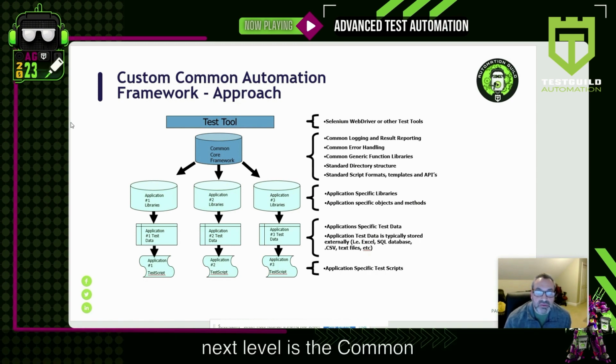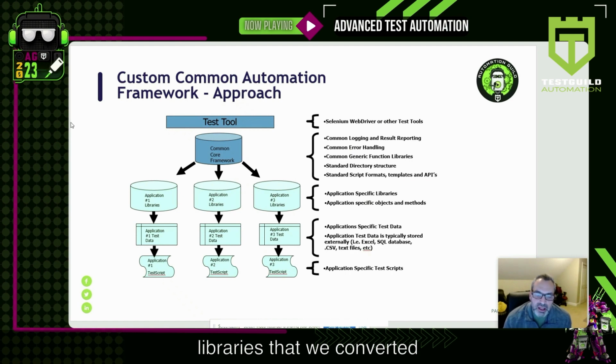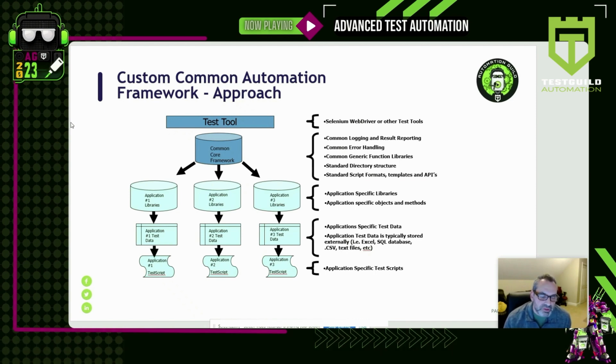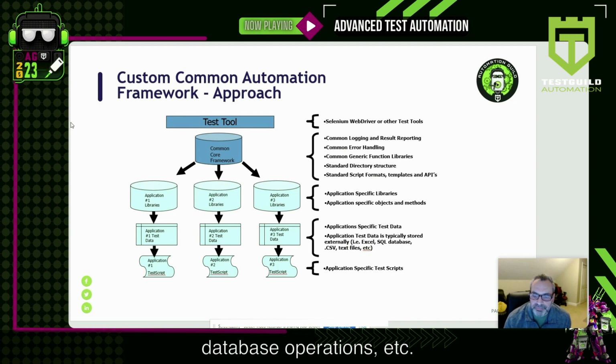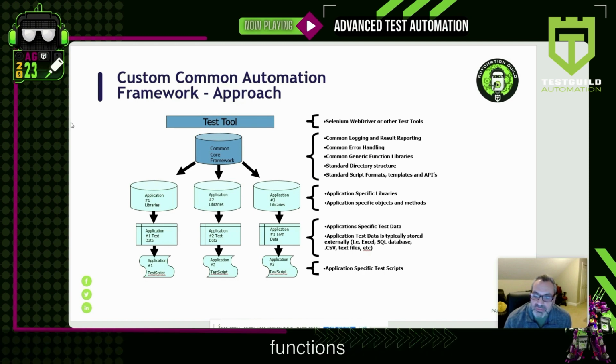The next level is the Common Core framework, and this is a powerful framework that's been developed over years that contains those massive function libraries that we converted to Java. It has common logging and result reporting. It has common error handling, and generic function libraries that do all the file I/O operations, datetime operations, database operations, etc. You don't need to reinvent these functions and methods.